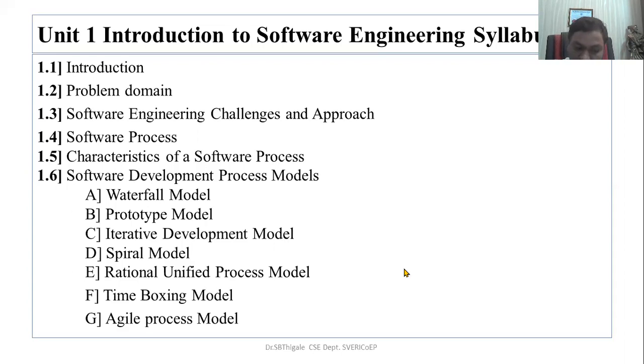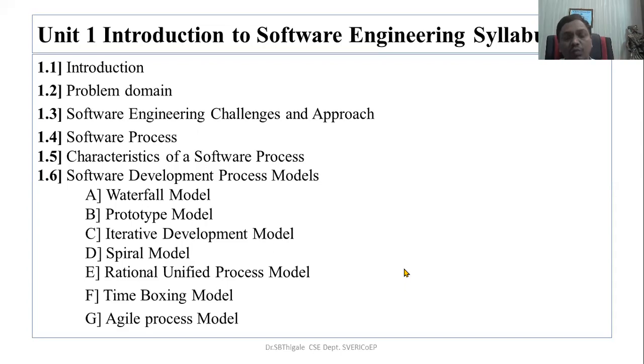To develop the software, we need to follow different steps. The first step is analysis, then designing, then coding, then testing, then deployment. Deployment is nothing but maintenance. So we need to think about these 5 steps: analysis, designing, coding, testing, and deployment. All these 5 steps play an important role.